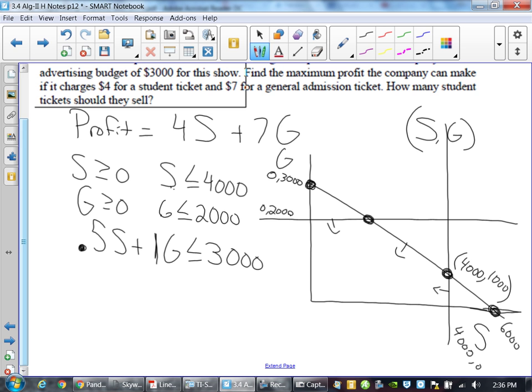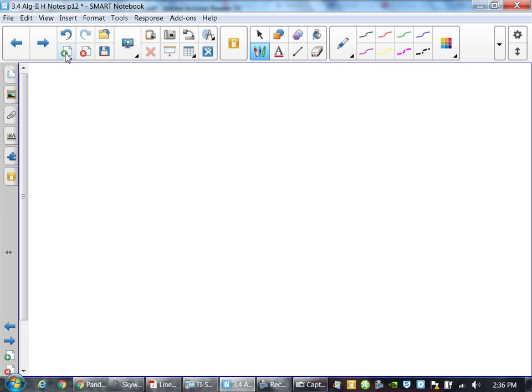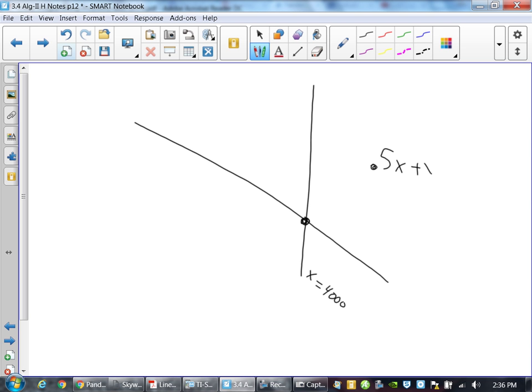If you think of this in terms of x's and y's, all I'm doing is taking an x value of 4,000 and substituting in here.